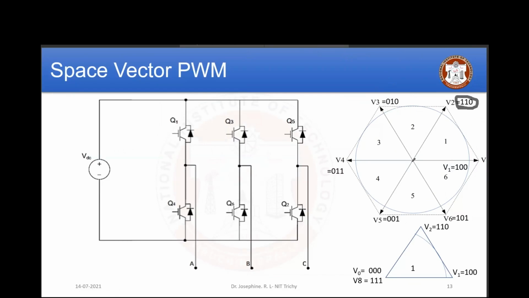That means it is going to operate at some angle, 60 degrees. If these are equally triggered, this is continuously on for some half time, and this is on for some half time, then on average my signal will become V2. We'll see that in detail at a later stage. Let me stop this annotation.